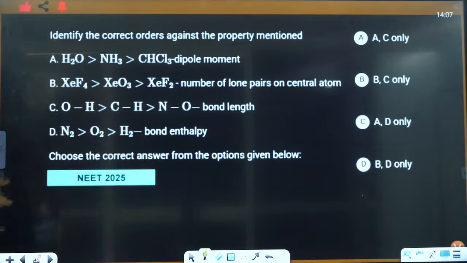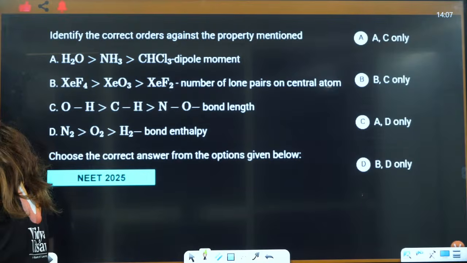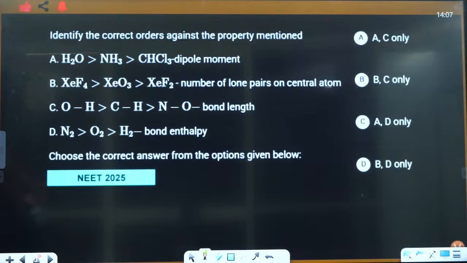OMG. Oh my god, till when you had no voice? Oh my god. Okay, dipole moment start.